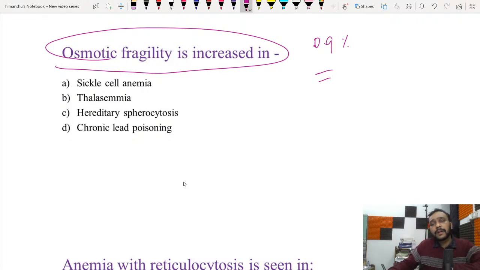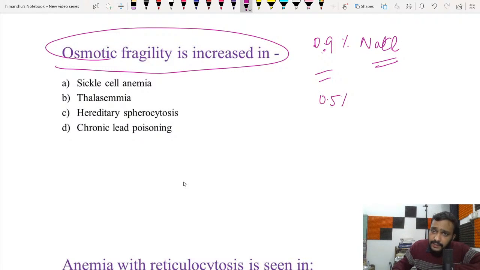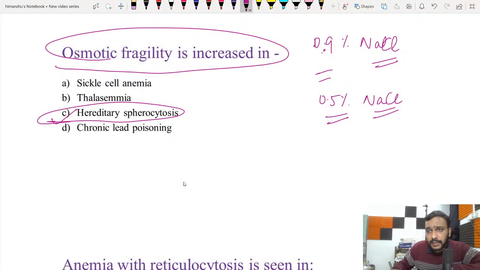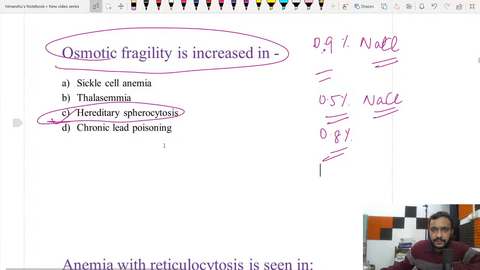The RBC cytoplasm is isotonic with 0.9% NaCl, and hemolysis starts when the concentration of NaCl falls to 0.5%. As Dr. Muhammad has said, the answer is C, hereditary spherocytosis. But in hereditary spherocytosis, the hemolysis starts at 0.8%.